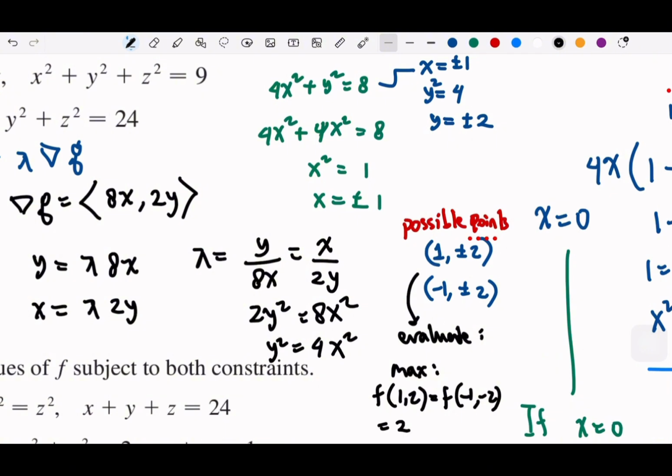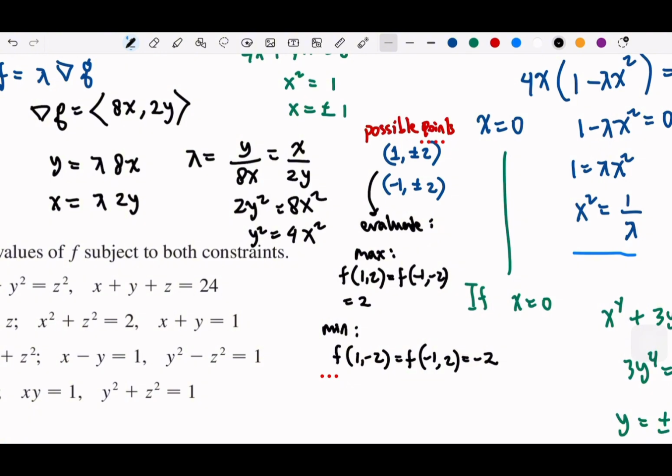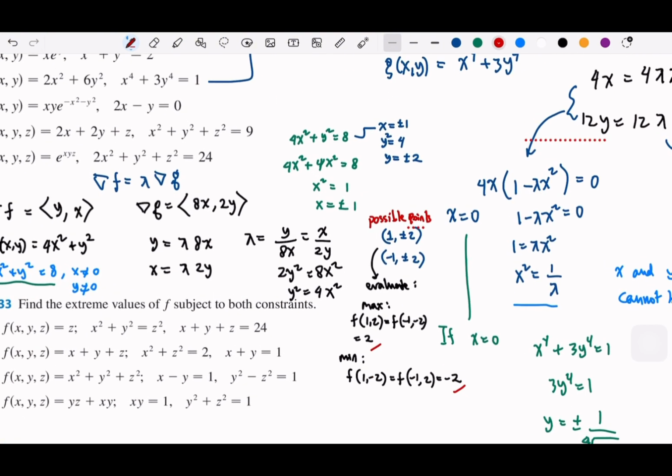This will be 2, and the minimum is when it is this or this. So we get the max and min value. Okay?